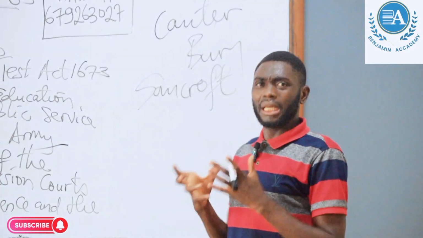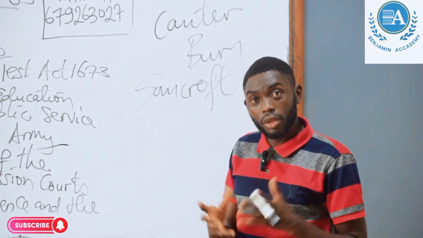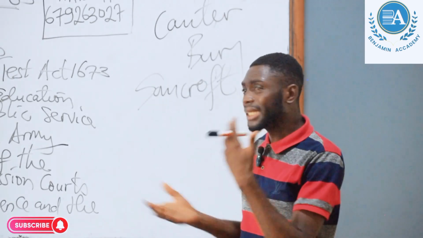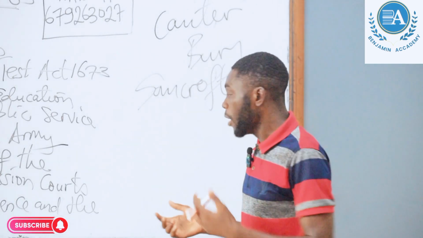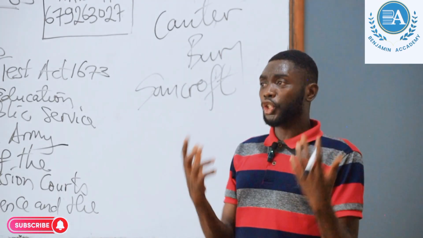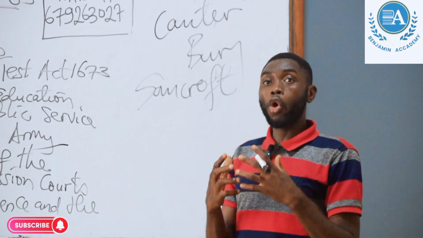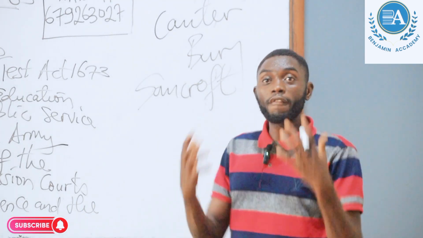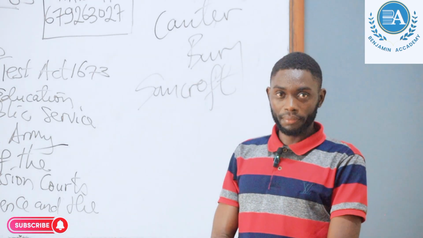Now we have looked at these reasons. For those going into advanced level history this year, how can they set questions on these sets of factors? Most often you can see a question like: the Glorious Revolution of 1688 to 1689 was more of a religious venture. Discuss. 25 marks.